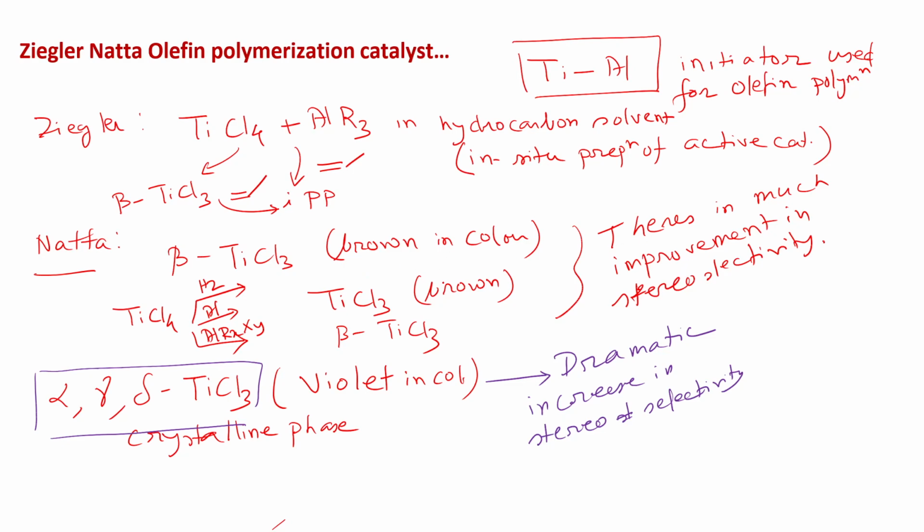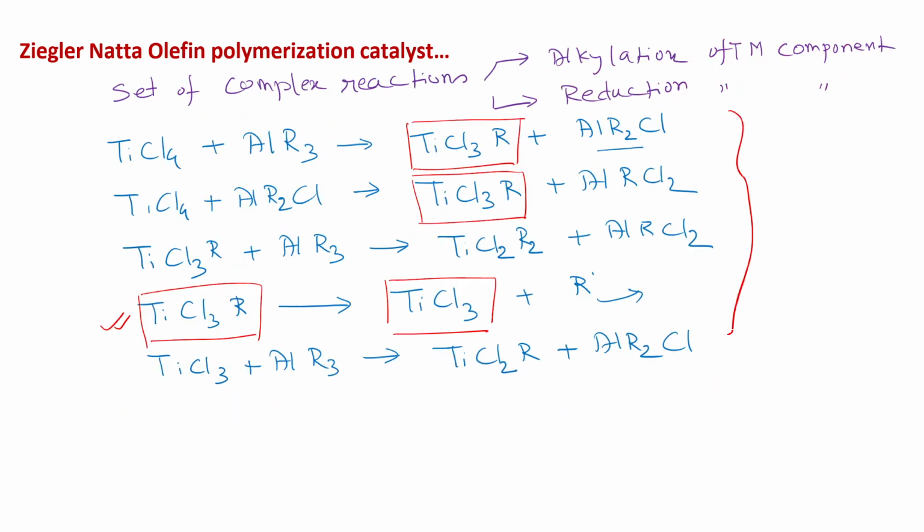When you use this brown kind of TiCl3, you can see improvement in activity. And when you use the violet color, meaning alpha, delta, or gamma, then a dramatic increase in stereoselectivity is there. So the difference in TiCl3 also, this kind of thing can be expected.